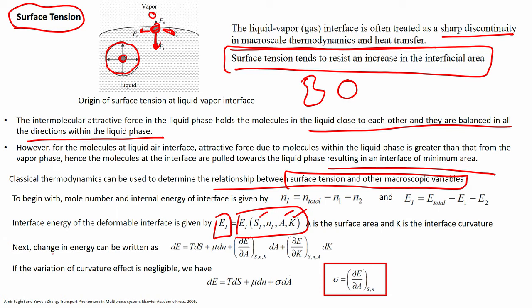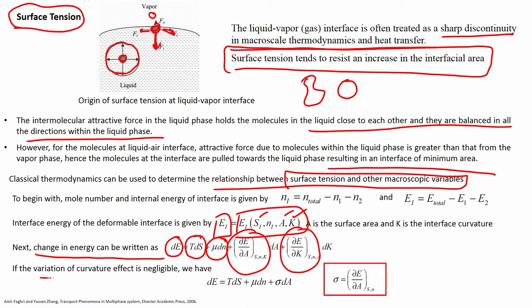If you write a change in this energy, it is given by the change in entropy, the change in the number of moles, and two other changes which happen due to the area and the curvature effect.